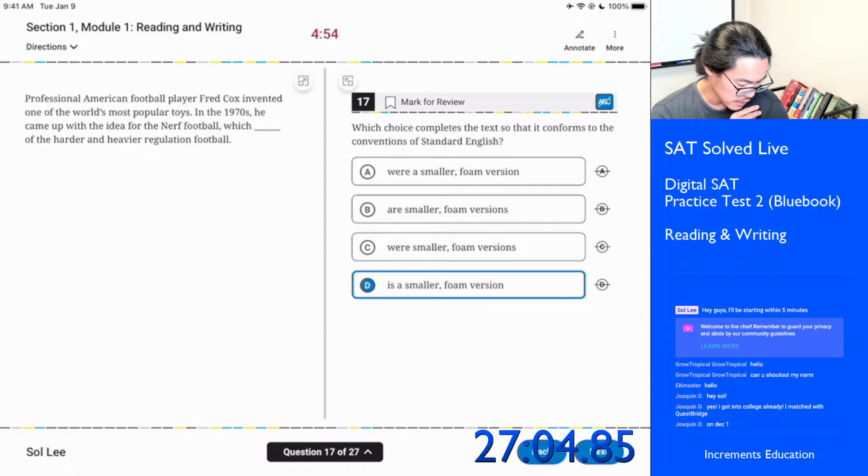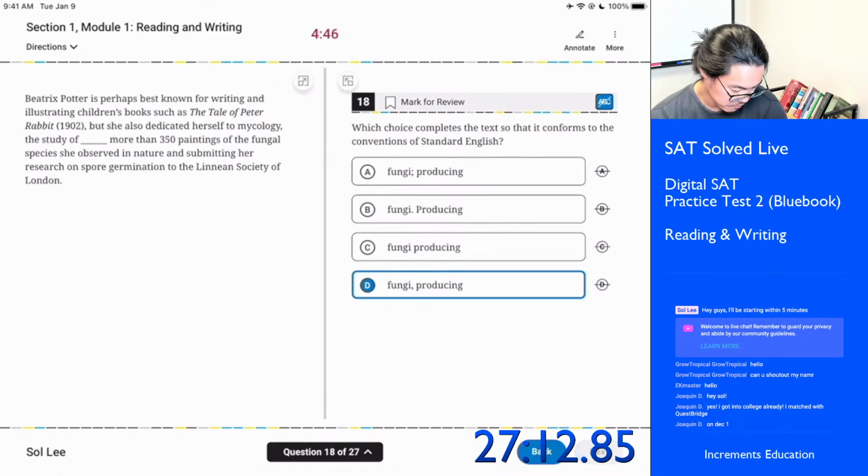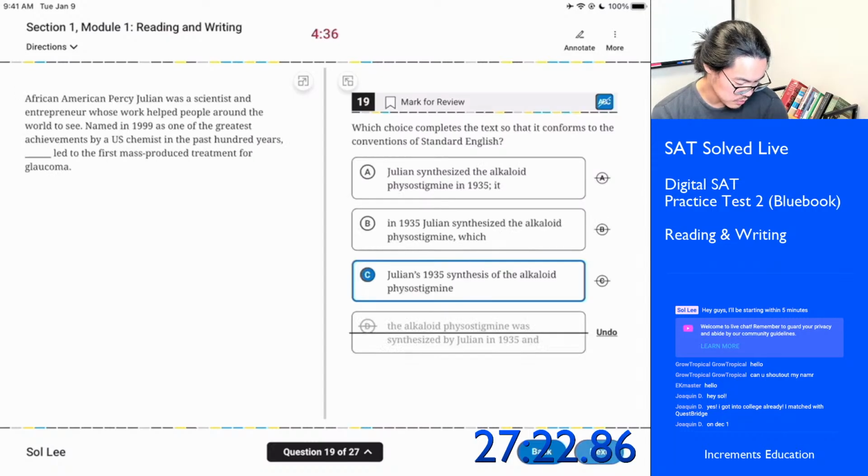Professional American football player. He came up with the idea for the Nerf football, which is a smaller. Beatrice Potter. She dedicated herself to mycology, the study of fungi, producing more than and submitting research. Yep. Named in blah blah.